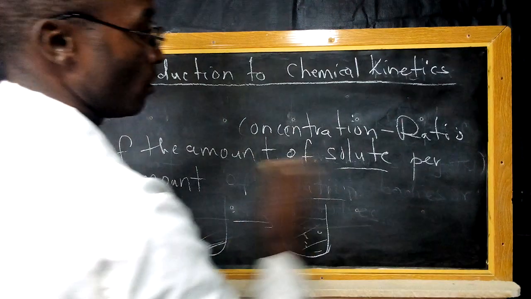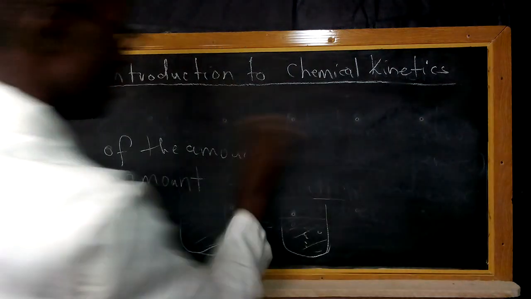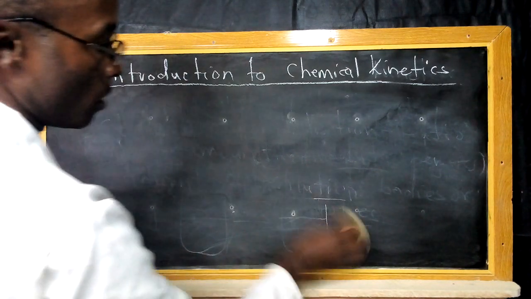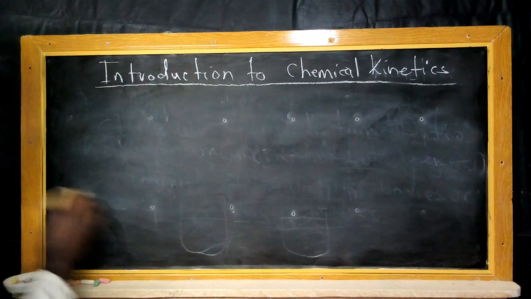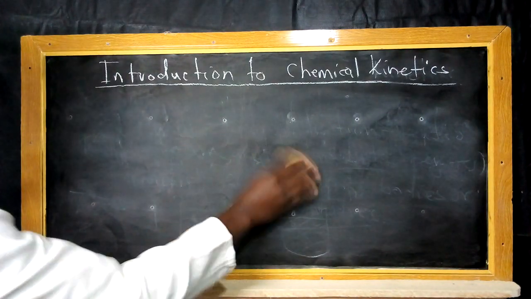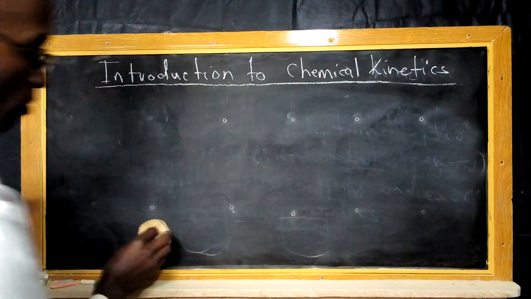Concentration, of course, has got its own units, which are used to measure concentration of different types of chemicals. As we say, a chemical is a substance that has got defined composition, or maybe a mixture of other substances.